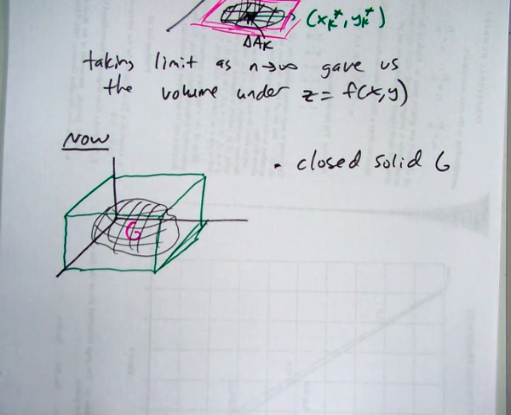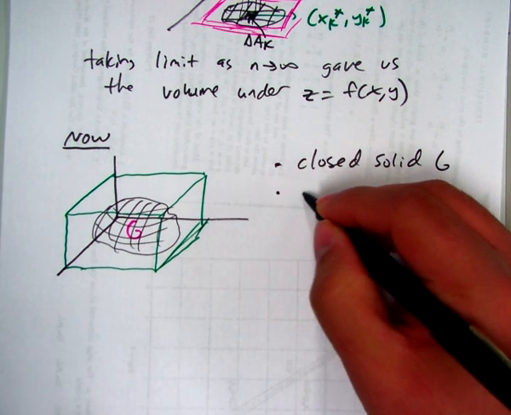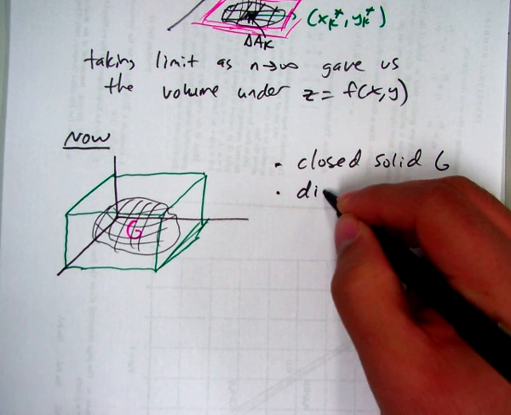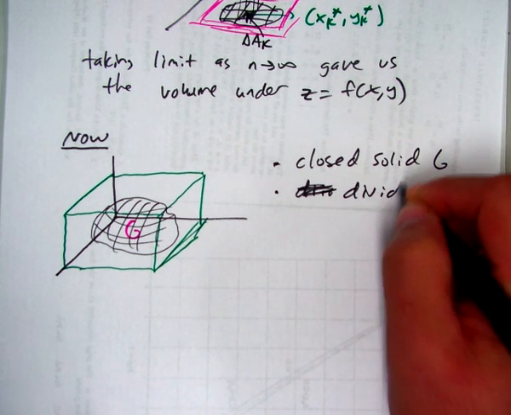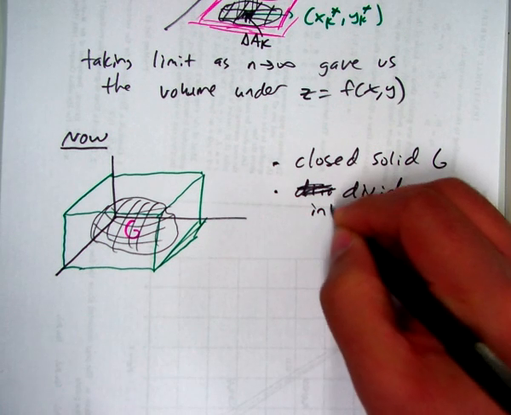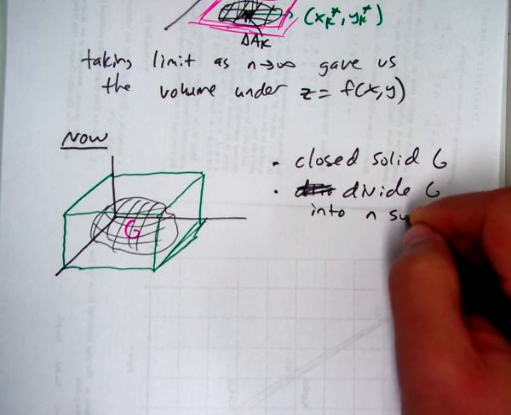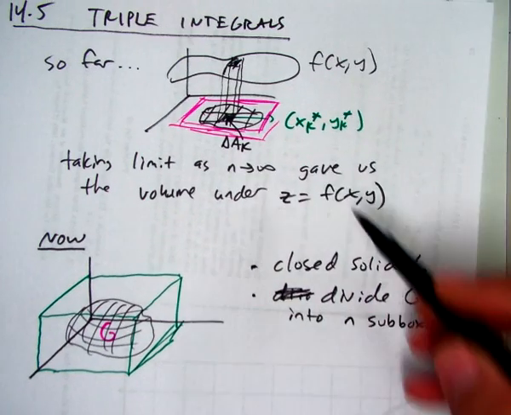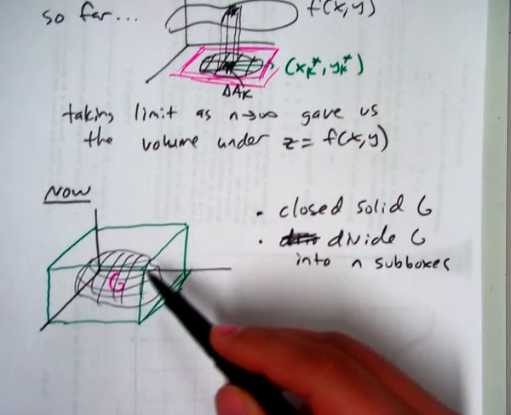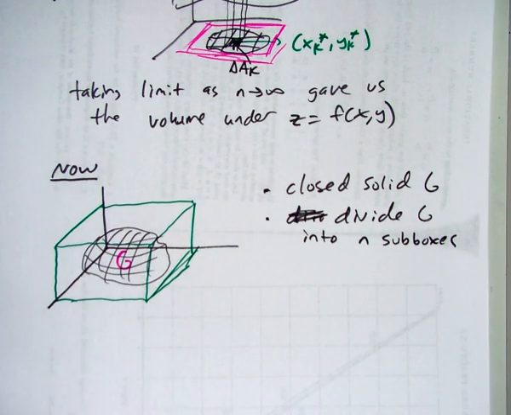Okay. We're going to divide G into n sub-boxes. So again, making the analogy of, instead of a little rectangle, we're going to partition this solid into n little boxes.